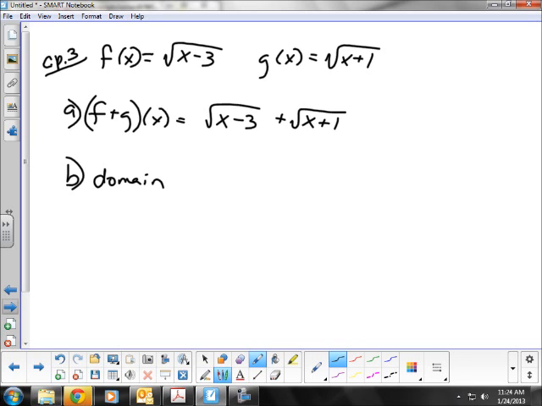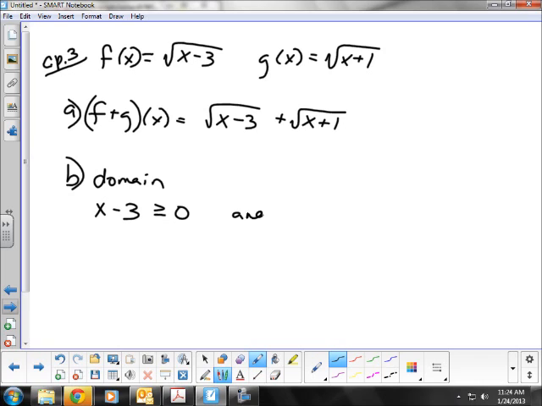So remember how to do the domain on square roots? Take the stuff underneath and say it's got to be greater than or equal to 0. So out of the first one, I have that x minus 3 has to be greater than or equal to 0.